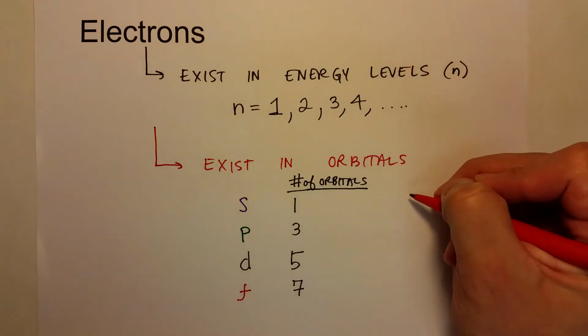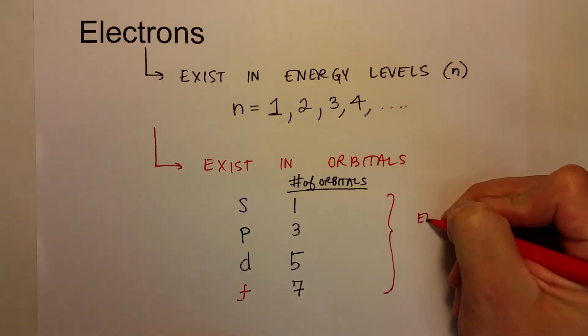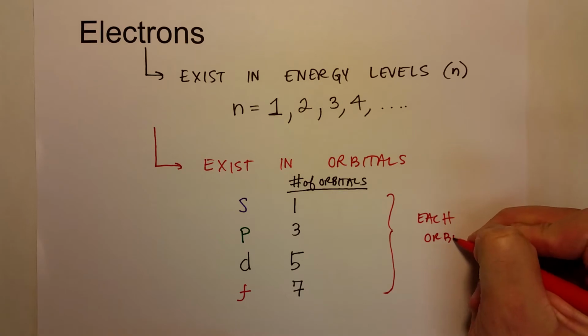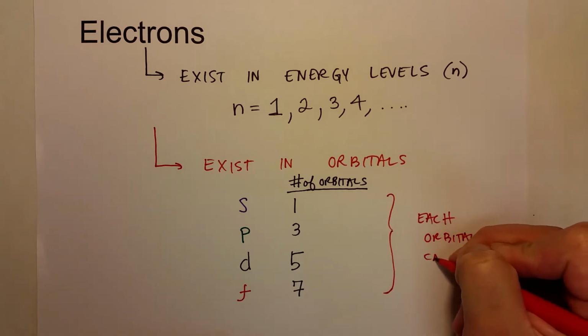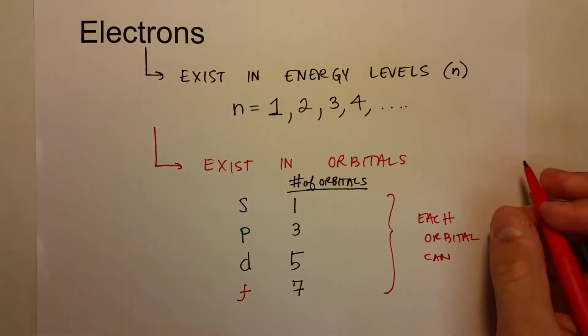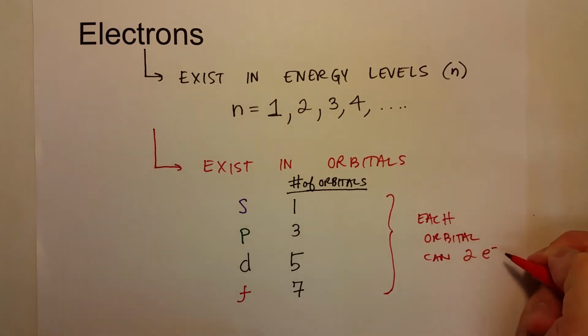Each orbital can hold 2 electrons. And that has to do with their spin. It's a magnetic spin. The electron can be spin up or spin down. That's one of the reasons why each orbital can hold 2 electrons, one that's known as spin up and one that's known as spin down. But for right now, that's not really all that important.